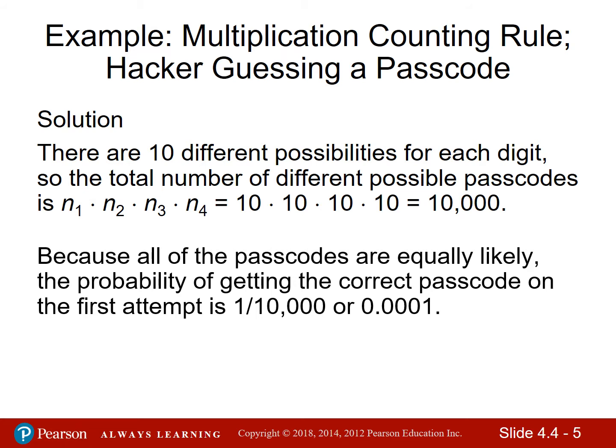Now you're only getting one correct passcode. Not all of them are correct, only one of them. So the chance of getting the passcode correct will be 1 out of 10,000, because you have 10,000 ways and you're selecting one good one out of that. So the chance is very low, 0.0001.